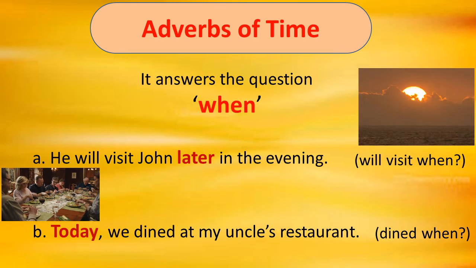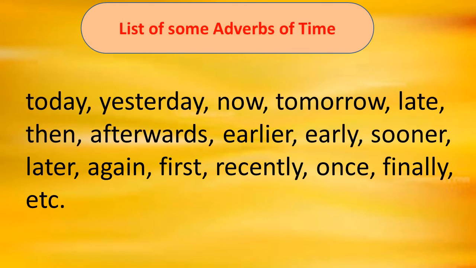Dined when? The answer is today. Words like today, yesterday, now, tomorrow, late, then, afterwards, earlier, early, sooner, later, again, first, recently, once, finally, etc. are few examples of adverbs of time.